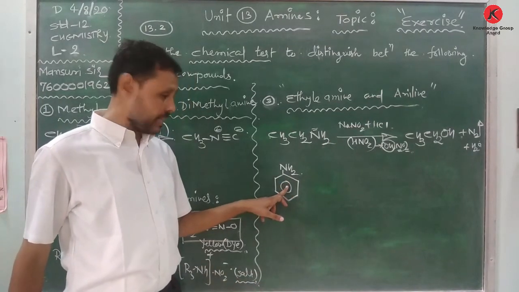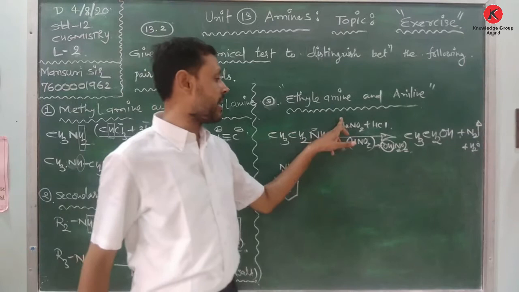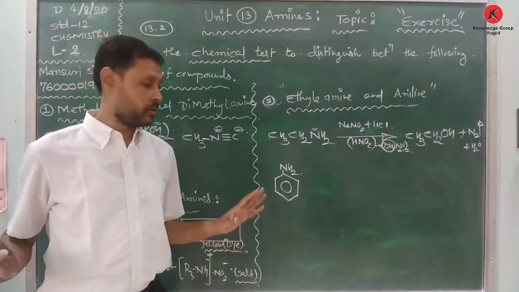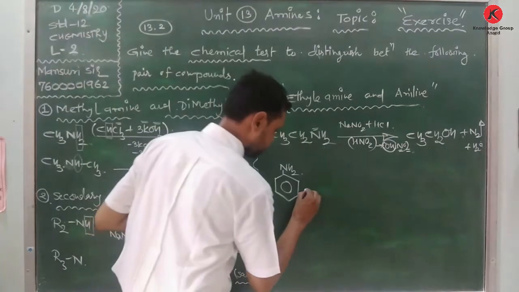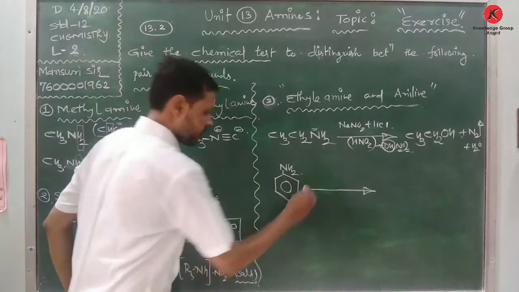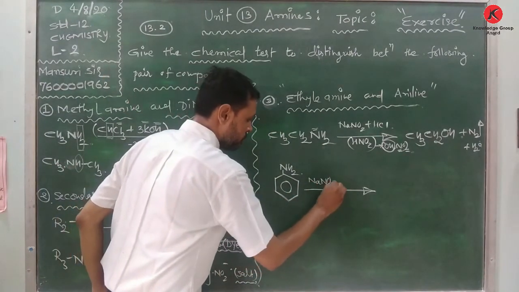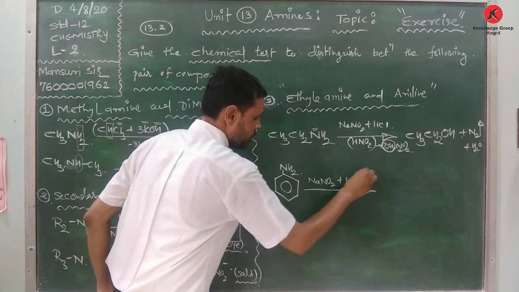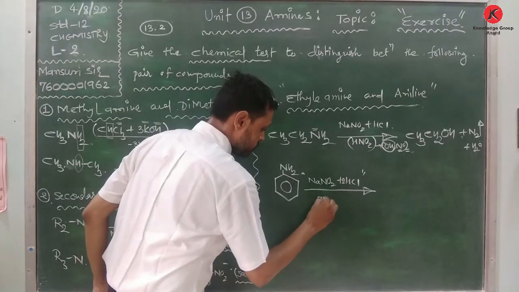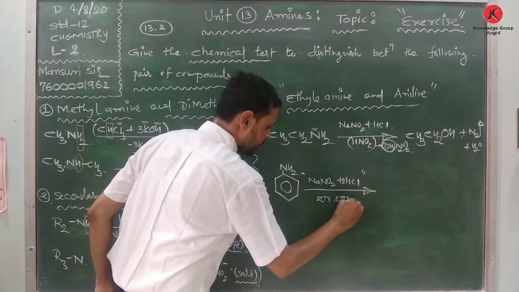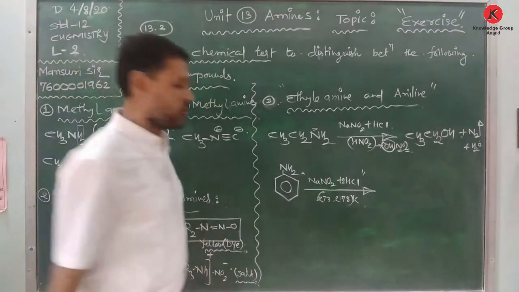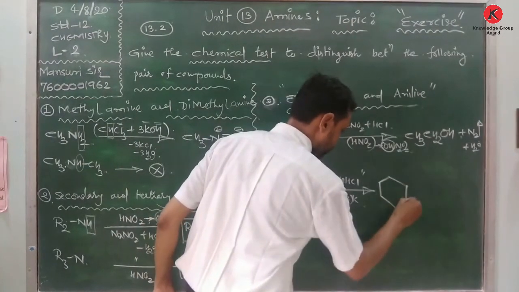So aniline should react with NaNO2 and HCl and form phenol, but it doesn't do like this. How is it possible? Here the ring contains NH2, with NaNO2 plus HCl. You know very well that this reaction occurs at 273 to 278 Kelvin temperature and forms benzene diazonium chloride.